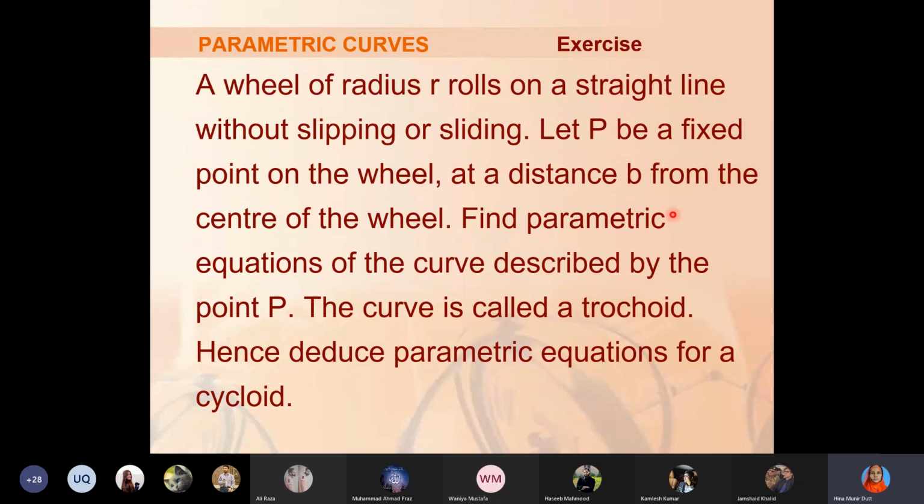But here the point P is any point on the wheel other than on the circumference. Then find the parametric equations of the curve described by the point P. This curve is called a trochoid. Hence deduce the parametric equations for a cycloid. Now you need to do this.